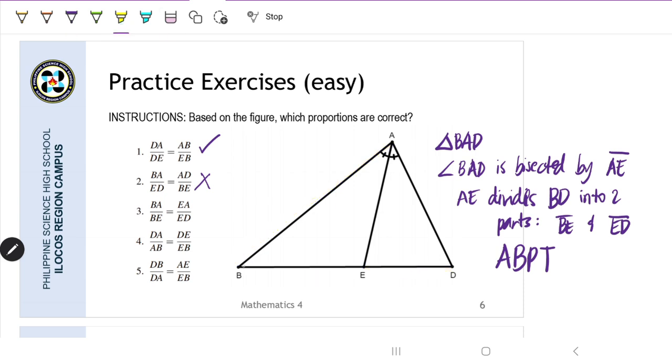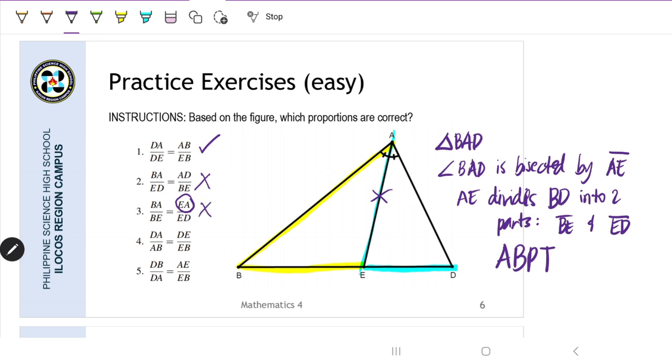You have BA over BE that is equal to EA over ED. As you notice, there is a wrong side here, EA. So instead of EA, this should be AD.